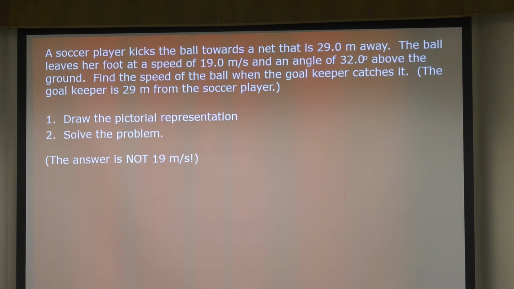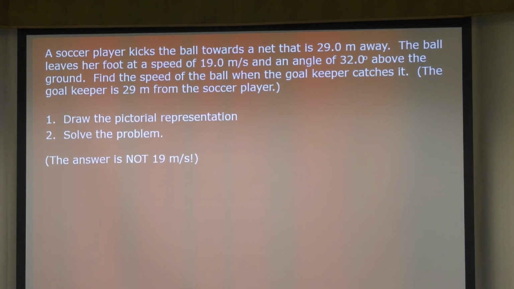Okay, a soccer player kicks the ball towards the net 29 meters away. The ball leaves her foot at a speed of 19 meters per second and an angle of 32 degrees above the ground. Find the speed of the ball when the goalkeeper catches it. And it says that the goalkeeper is 29 meters from the soccer player.